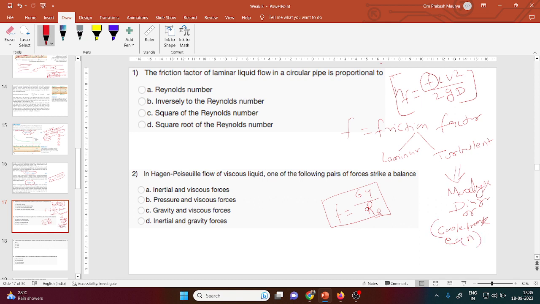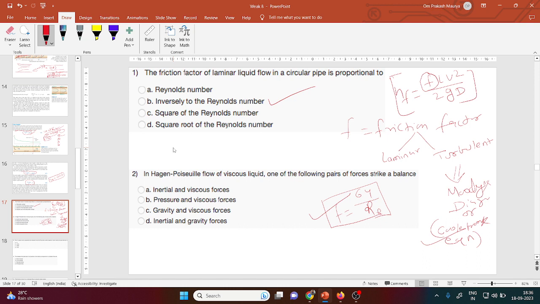I will discuss the Colebrook equation later on. But if your flow is laminar, the friction factor is 64 by Re, so it is inversely proportional to the Reynolds number. So option B is correct.